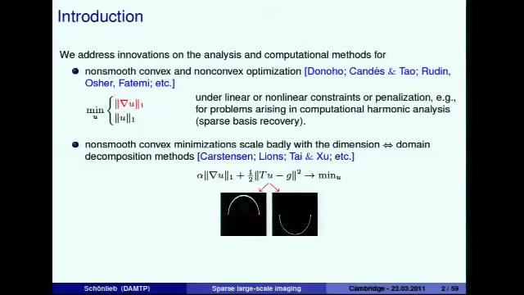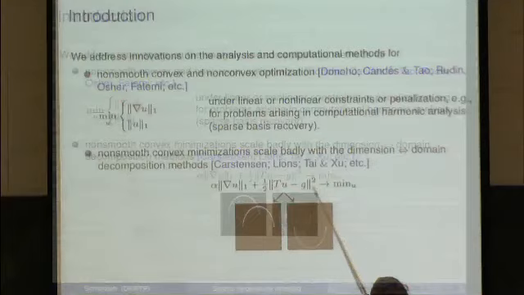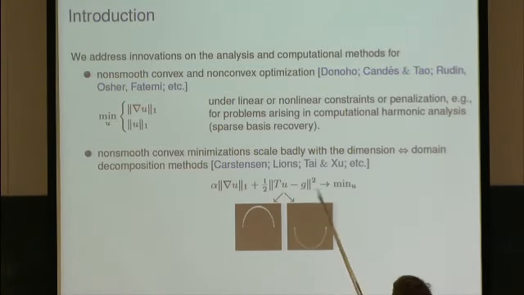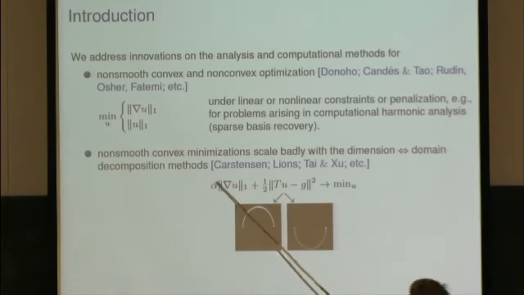Since I'm talking about large-scale problems, and this is the idea I've drawn here, I want to solve this problem not at once, but by splitting it into two smaller problems. So here I'm solving a reconstruction problem for U. I'm given this image G. I have this linear constraint that TU minus G in the L2 norm should be small, and I'm searching for a U which is sparse with respect to its gradient.